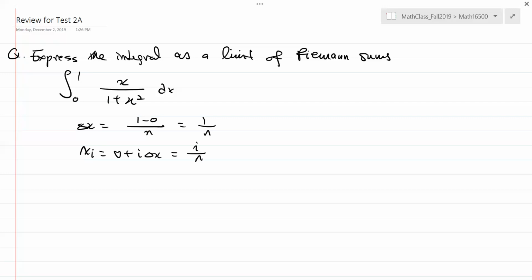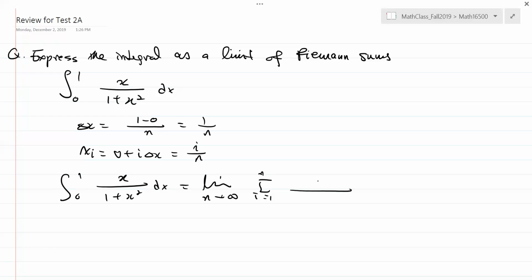Then the integral is going to be the limit as n approaches infinity of f of xi, so xi squared over 1 plus xi squared, times delta x. But that's not a final version because you have to tell me what xi is, so it's better to put xi into the expression.